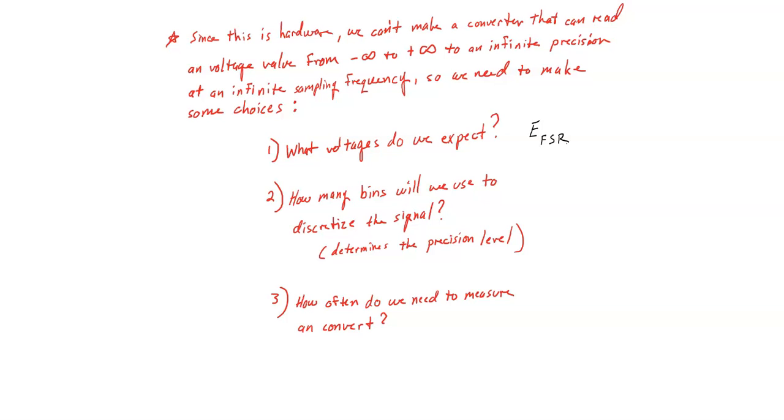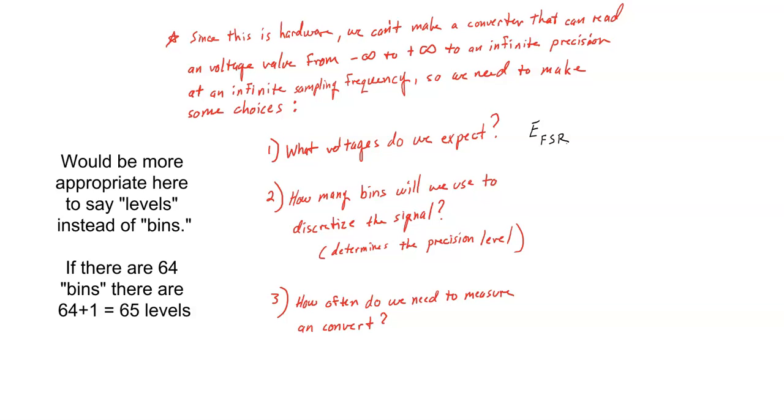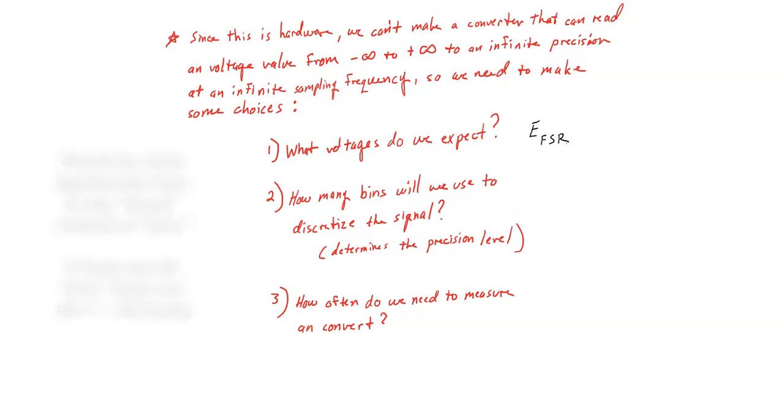Then we need to know how many bins will we use to discretize the signal. So this determines what precision we're going to get from our measurements. Remember, this analog voltage is coming in and it has an infinite number of decimal place values because it's analog. We need to decide how many of those decimal places, in effect, we want to keep in our signal.